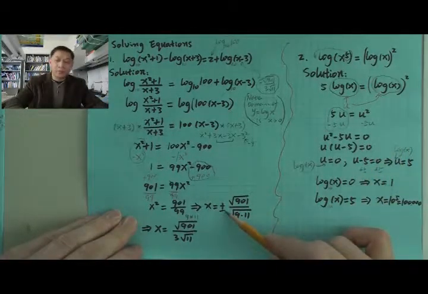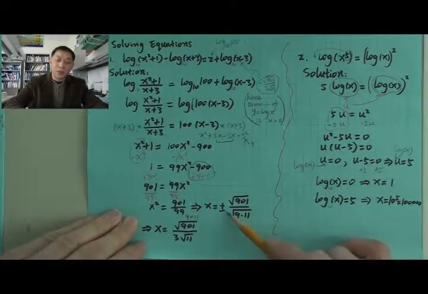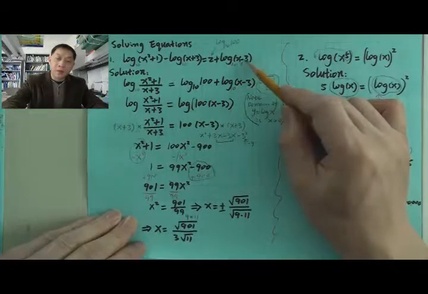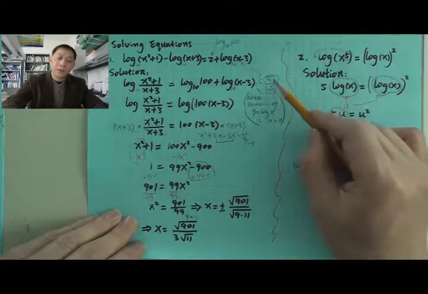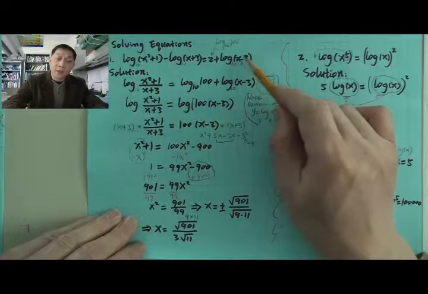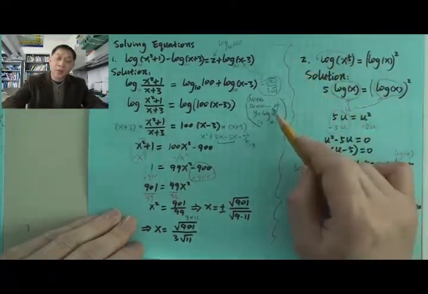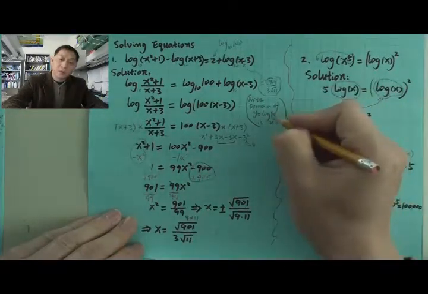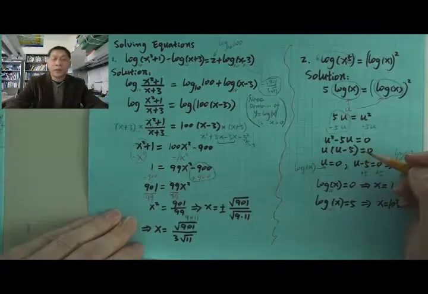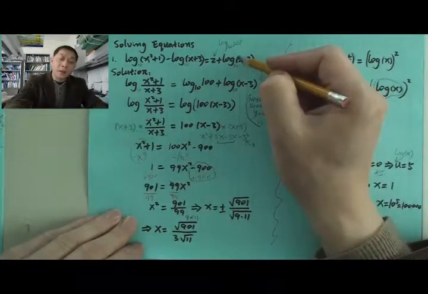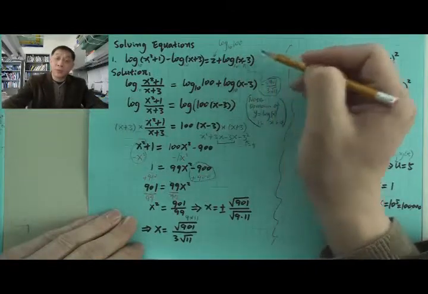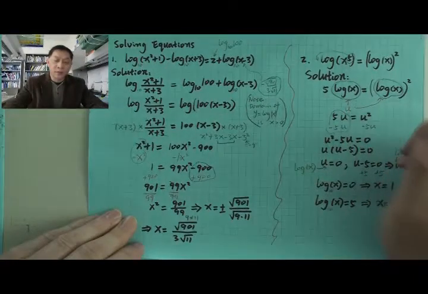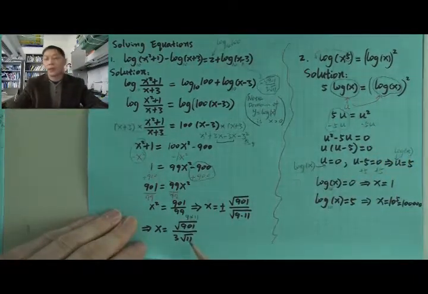Here we didn't choose the negative. If it were negative, you put it right here, and a negative number minus 3 is still negative. Log of a negative number doesn't make sense, because in the domain of y equals log x, x has to be greater than 0. That's why anything behind log has to be positive. If it's negative, it doesn't make sense. So we choose positive right here.